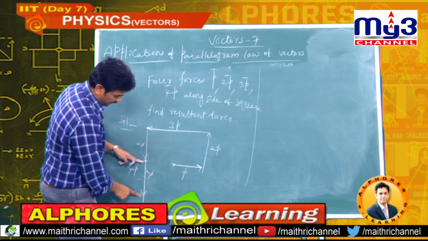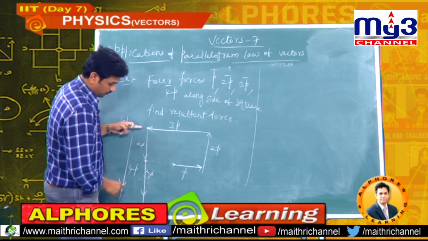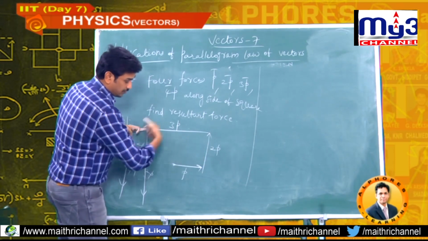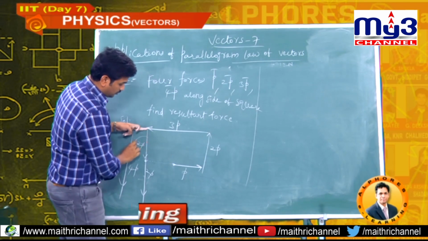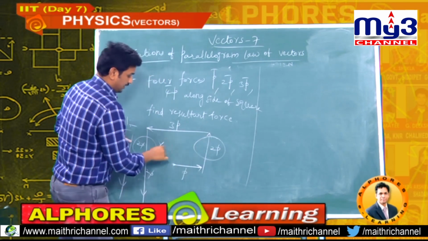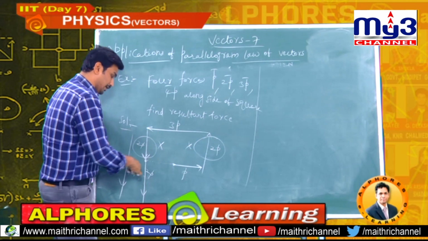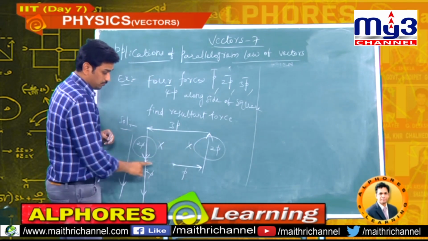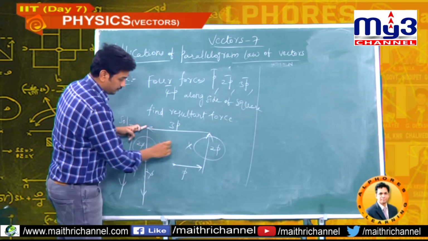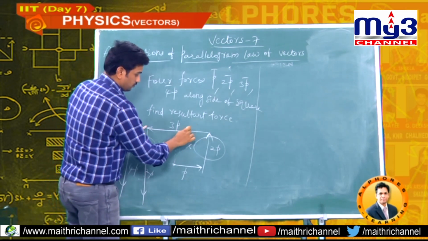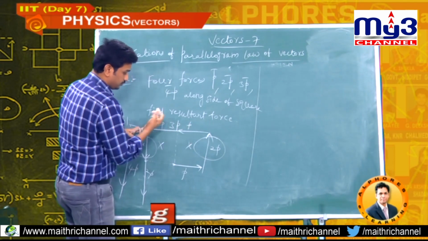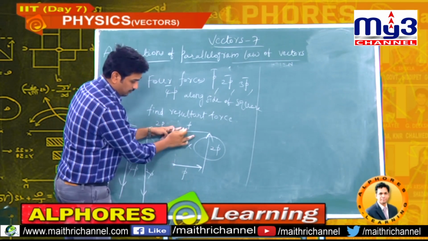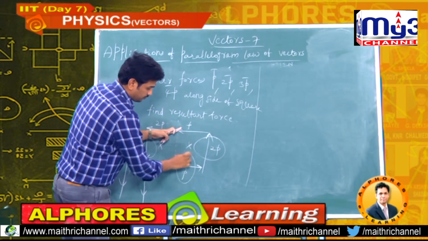2P, 2P, total 4P. The 2P and 2P are equal and opposite, total force acting at one point, so those 2P cancel out because this 2P is downward and this 2P is upward. Now P and 3P: P and P are equal and opposite and cancel out.